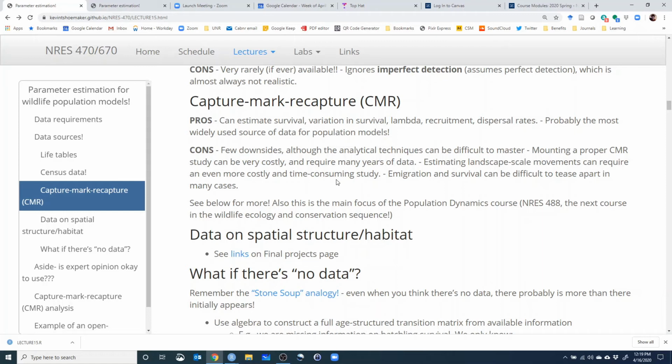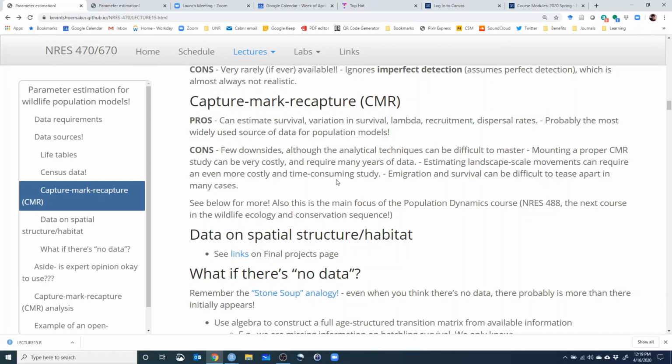All we have to do is go out into the field and mark individuals. We capture as many individuals as we can. We acknowledge that we can't observe all the individuals, but when we do capture an individual, we can give it a unique mark. We can do this in any number of ways for many different species. For some species, ear tags work well.